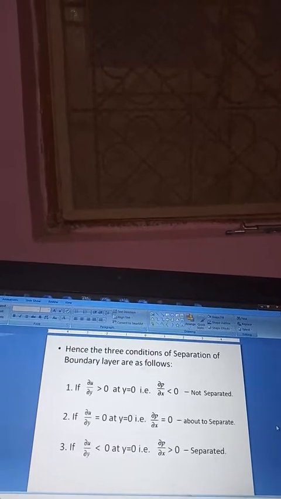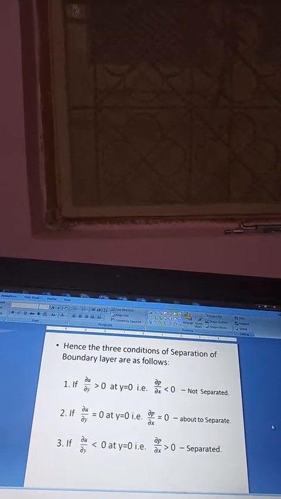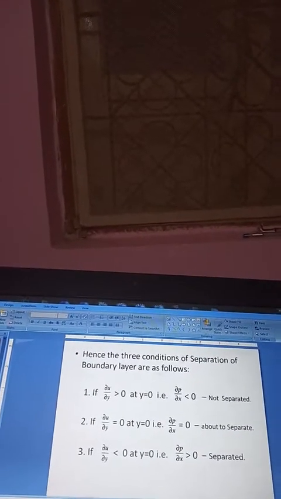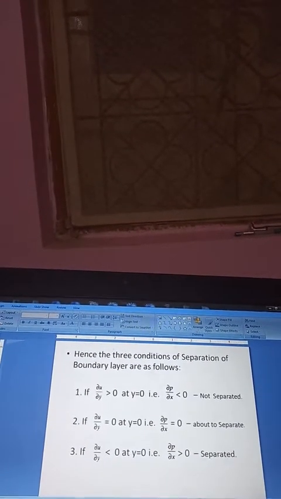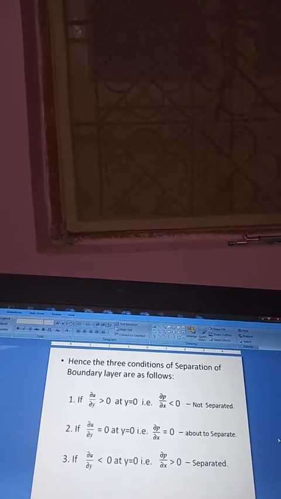When you differentiate the velocity profile to get ∂u/∂y, you have to find the value at y equal to 0, that is, near the solid boundary.